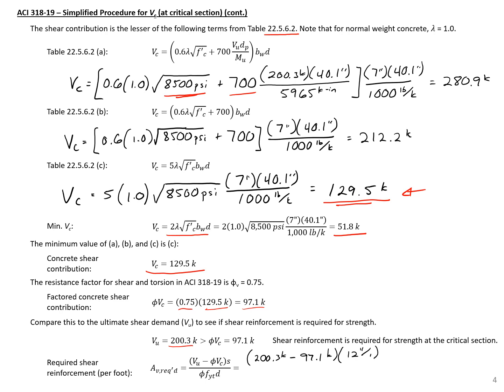So we're going to use a standard spacing here to get inches squared per foot. And then our phi 0.75, 60 ksi is the yield strength of our shear reinforcement, and then our d is 40.1.